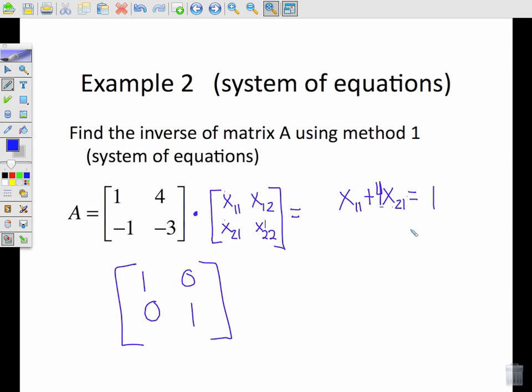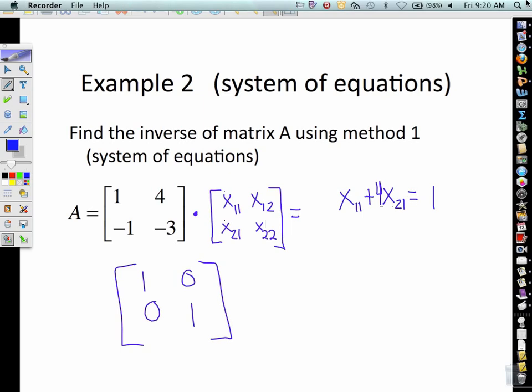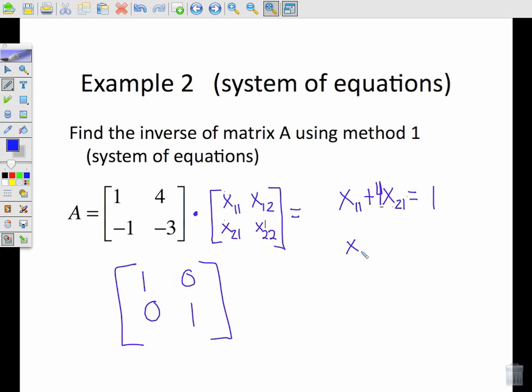And I'm going to do that for the next one. So I've got row 1 times column 2 here, and I would have x subscript 1,2 plus 4x subscript 2,2, and that should equal 0.